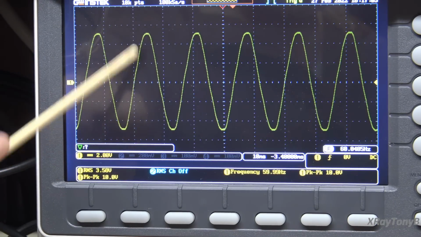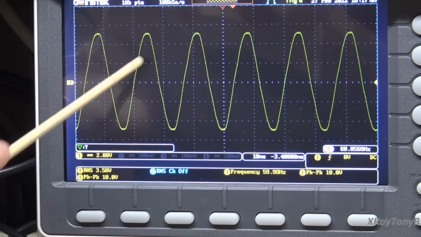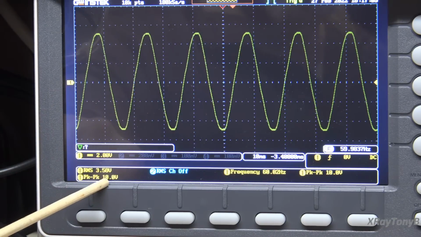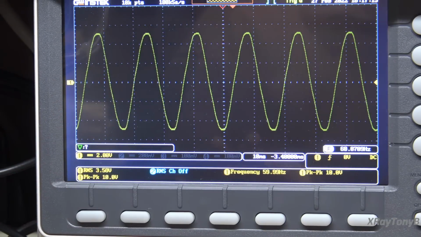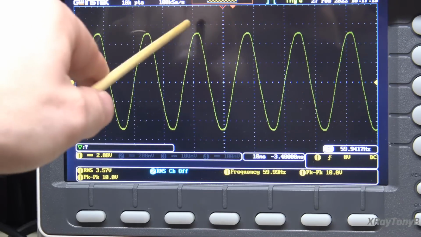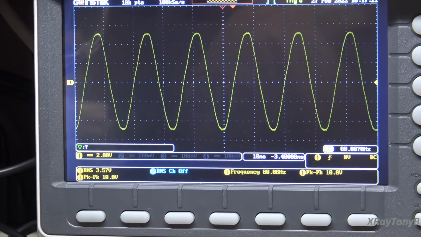But there's never more than 5 volts with respect to ground. And you can see right here, it says 10 volts peak to peak. I just want you to be clear on that. So we're putting 5 volts just like we were before, and we're going to see what happens to the temperature on this resistor.